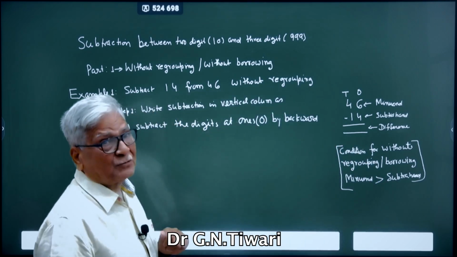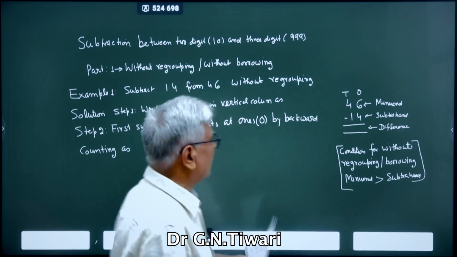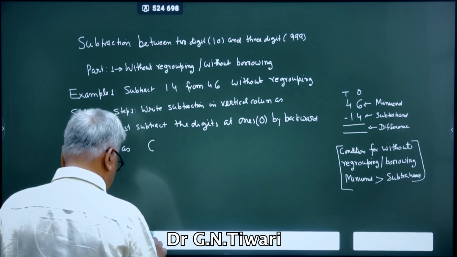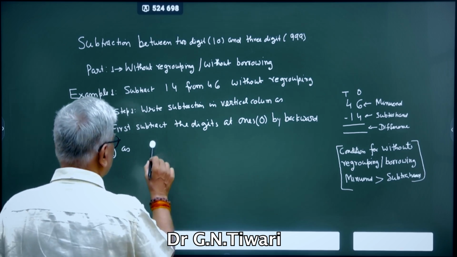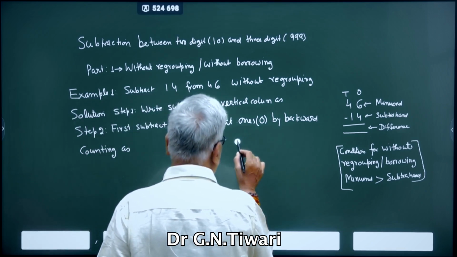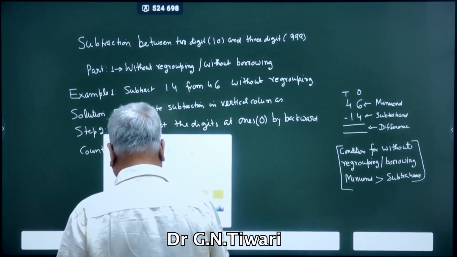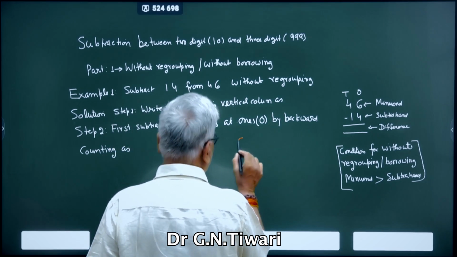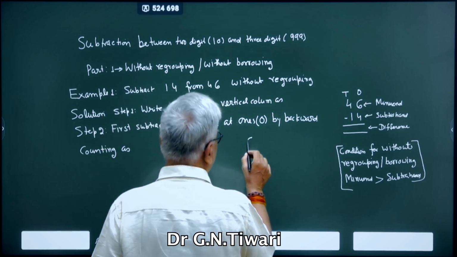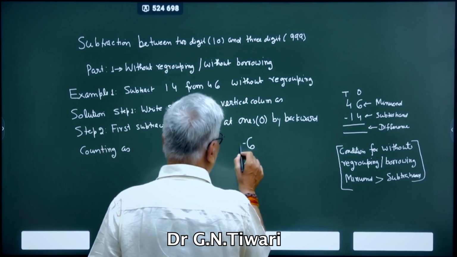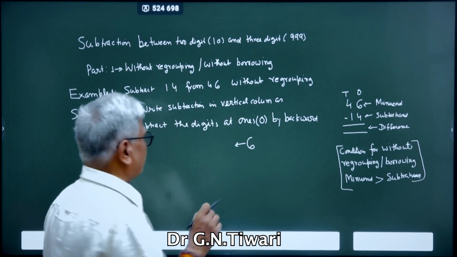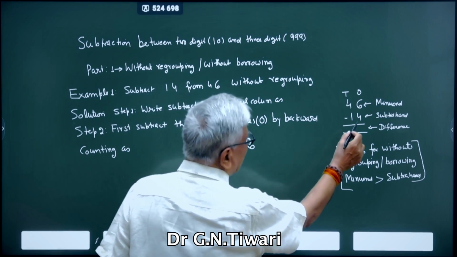So for subtraction, what you do? You have to subtract 4 from 6. So write 6 here, because we have to do backward counting, so you have to write extreme right. Extreme right is 6 here. And we have to do backward counting. Just see, be careful. And I am using the square method. So what is the subtrahend? 4.